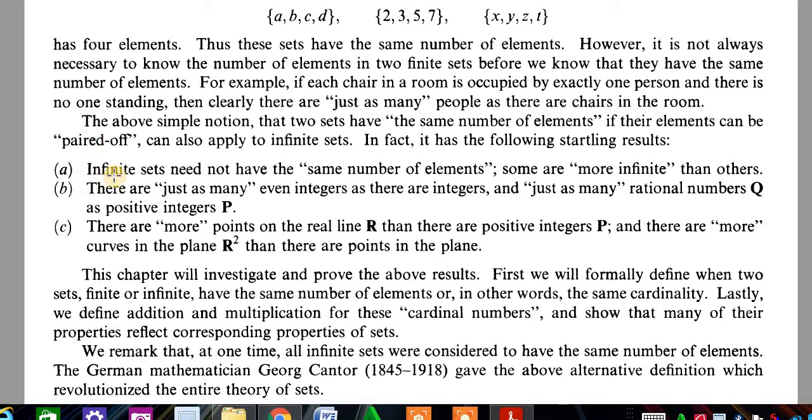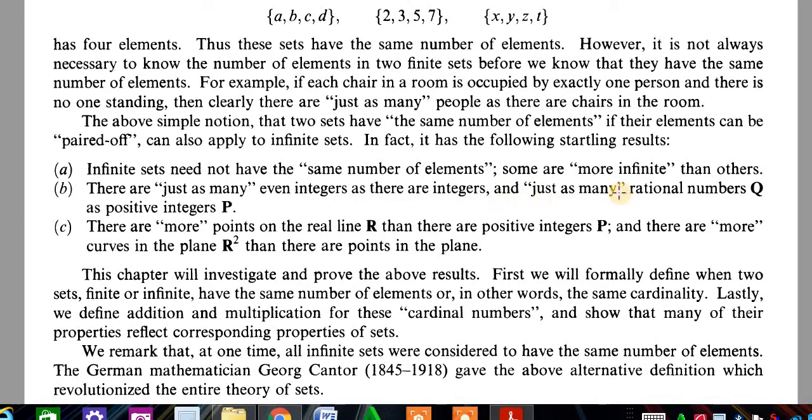So look at these results. Infinite sets need not have the same number of elements. Some are more infinite than others. Here, if we take the set of natural numbers and the set of whole numbers, we cannot say which is the bigger set and which is the smaller set. There are just as many even integers as there are integers.